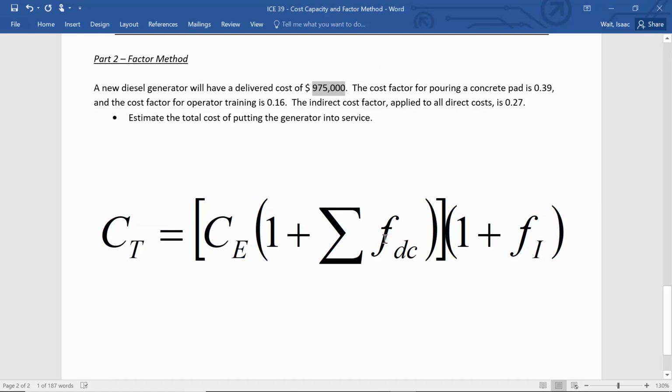And then F sub DC are the factors with other direct cost items. The other direct cost items that we know for this project besides the diesel generator are the concrete pad and the operating training. So you add those other factors along with 1, and 1 represents the diesel generator in this case. It's the item that you know the cost estimate for. And then what we're told is that the indirect cost factor is 0.27. And so that's going to be here, F sub I. So let's find the total cost of putting the generator into service.